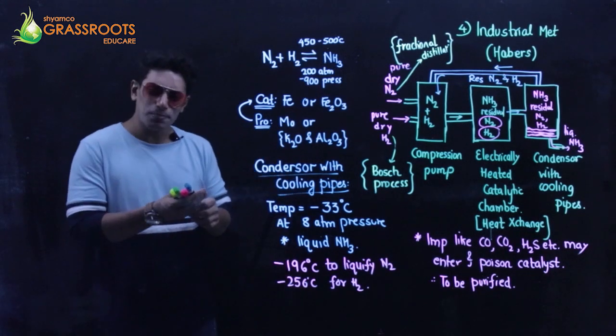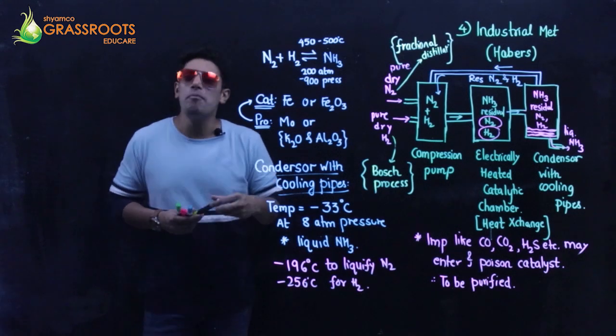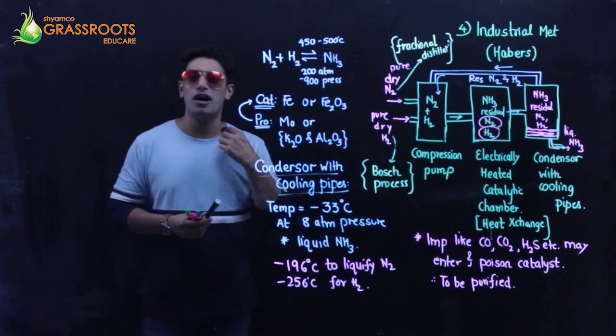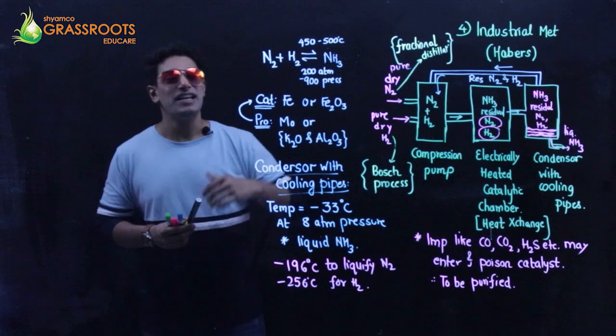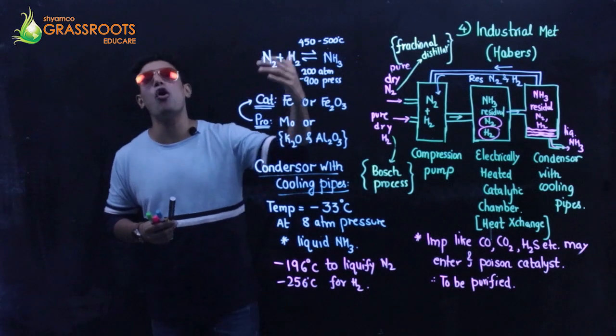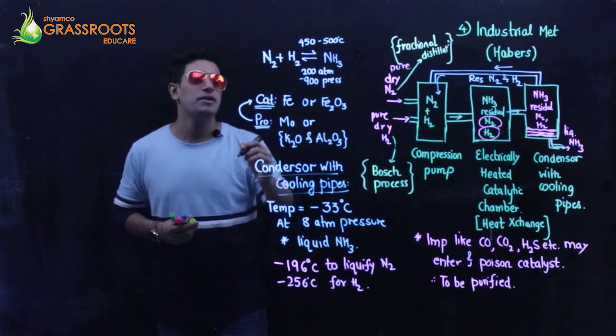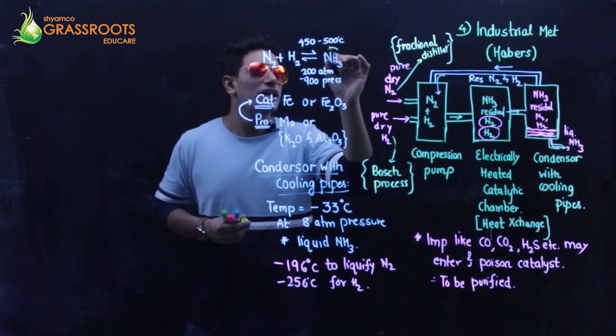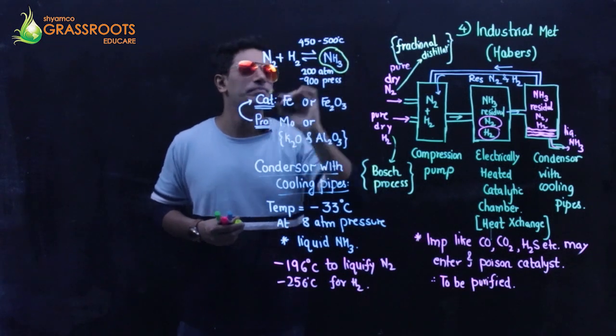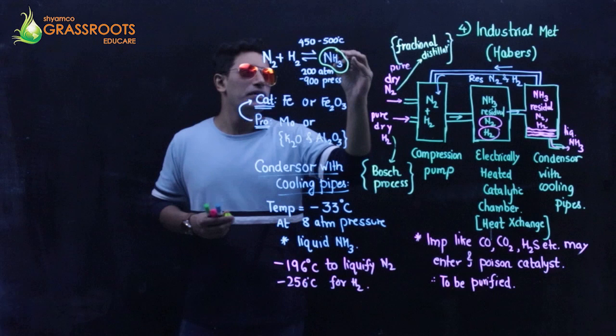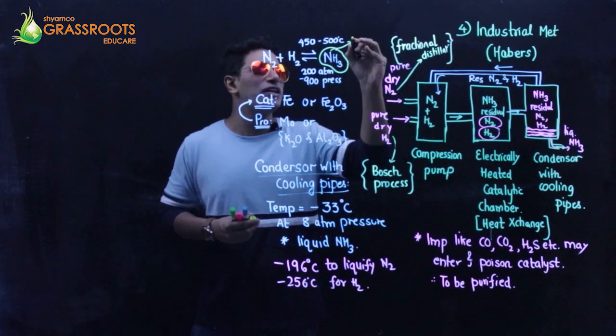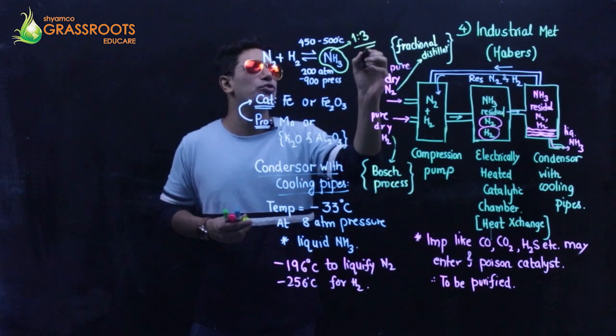Remember, in this process the amount of hydrogen used is way more as compared to nitrogen. Because in ammonia, the ratio of nitrogen to hydrogen is 1:3.